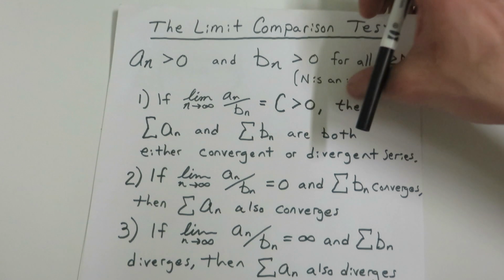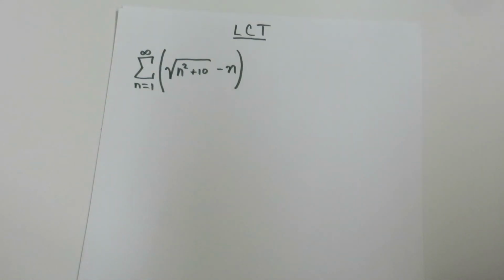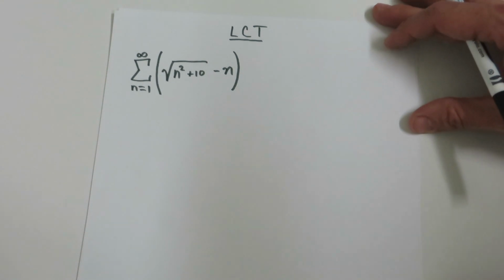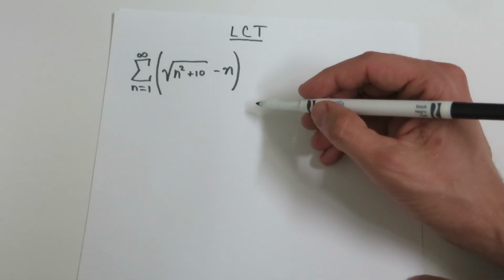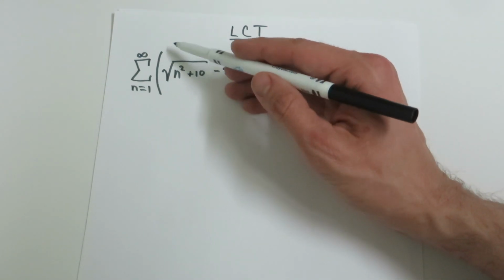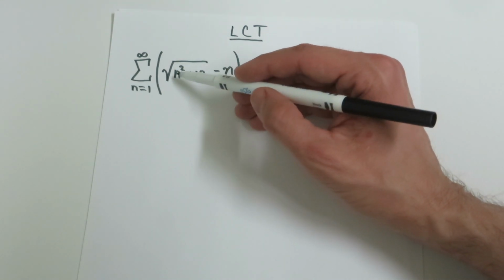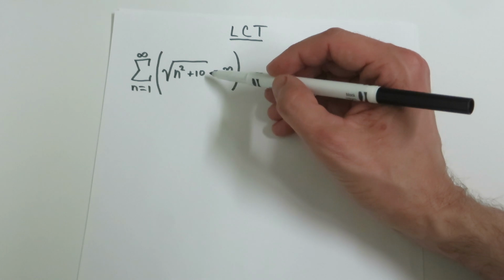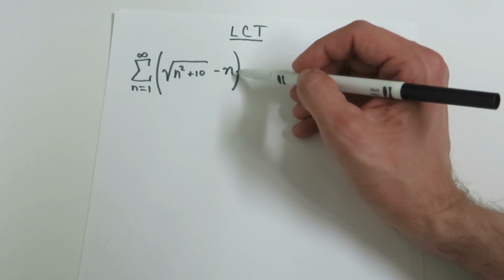So let's just see our example here. So here we have the series from n equals 1 to infinity of the root of n squared plus 10 minus n.